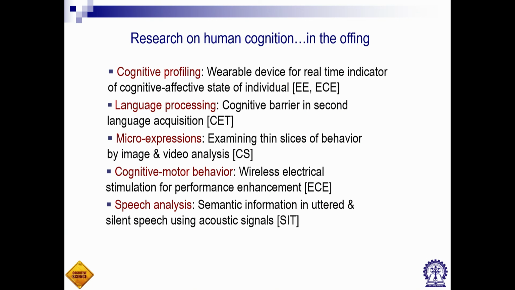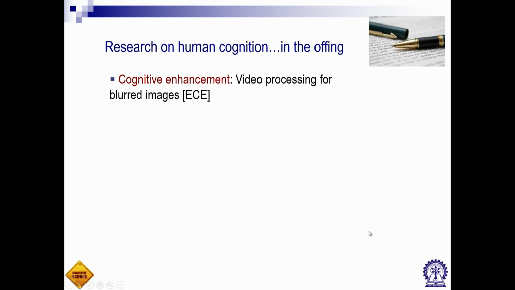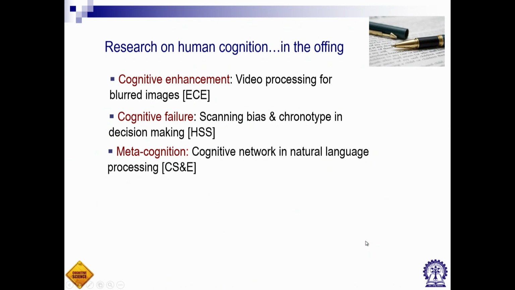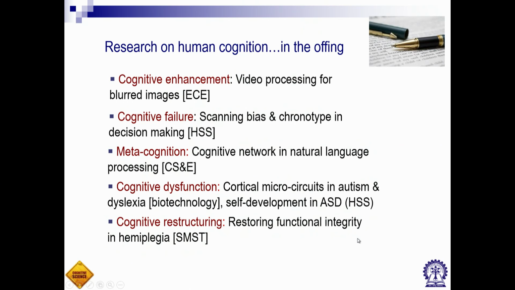Cognitive motor behavior, speech analysis, cognitive arousal, 360-degree optical imaging and scalp IR thermography, cognitive enhancement, simple cognitive failure, metacognitive research, cognitive dysfunction, as well as cognitive restructuring research are all going on.